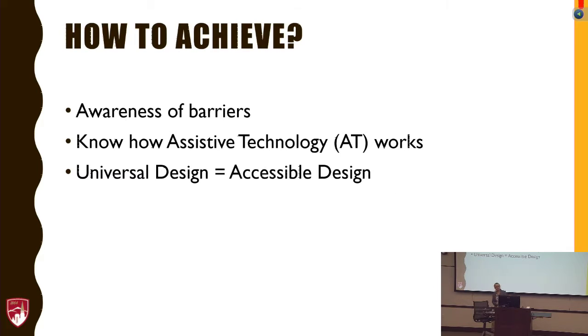So how do we achieve this? And this is what I'm going to be talking about throughout this, is awareness of barriers. When I started web design and took my first HTML class, they didn't talk about what makes a website usable. This was back in the early 2000s, and we didn't think about what happens when JAWS reads a website.